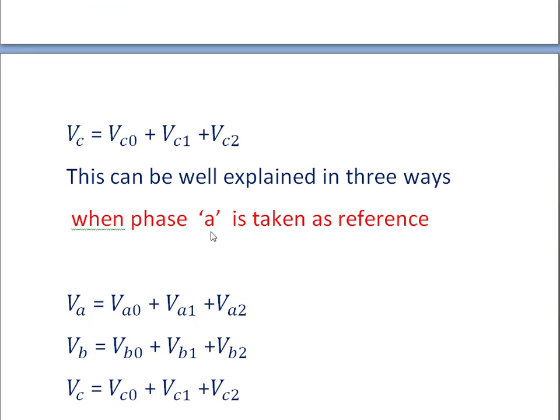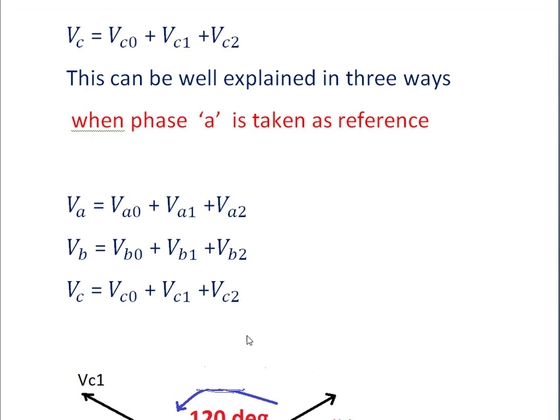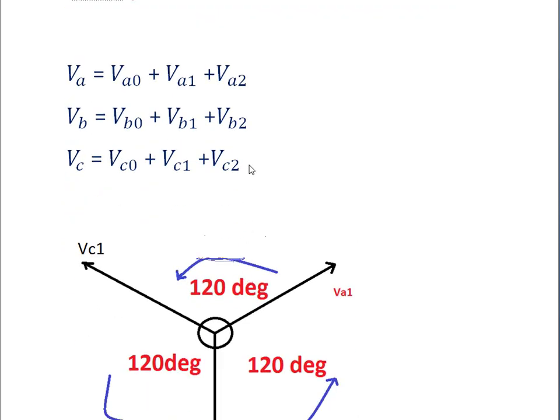When you take phase A as reference, the VB sequence components should be expressed in terms of VA symmetrical components. Similarly, VC symmetrical components should be replaced by phase A symmetrical components. How do we do it?